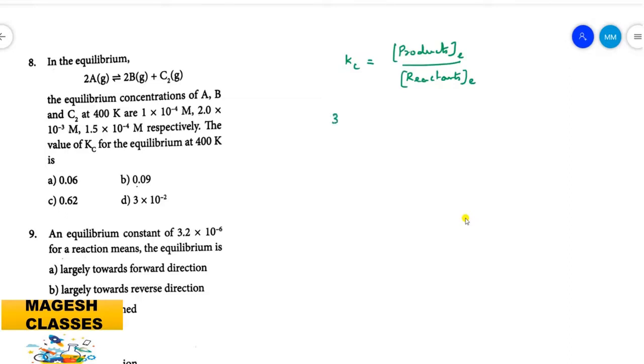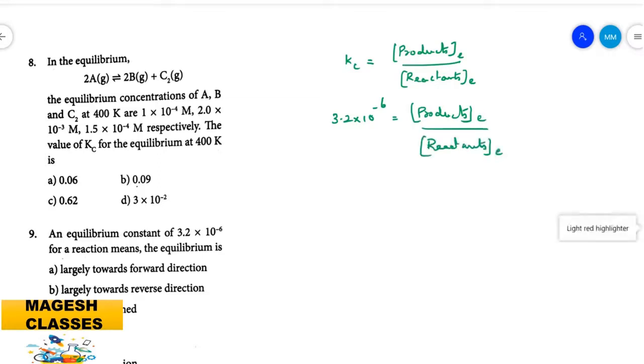The Kc value is given as 3.2 into 10 to the power of minus 6, which is equal to the active mass or concentration of product at equilibrium divided by the reactants. Here the Kc value is small, about 10 to the power of minus 6. For the smaller value, comparing the reactant concentration and the product concentration from the equation, the reactant is greater.